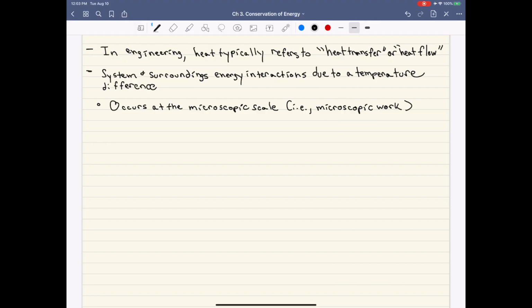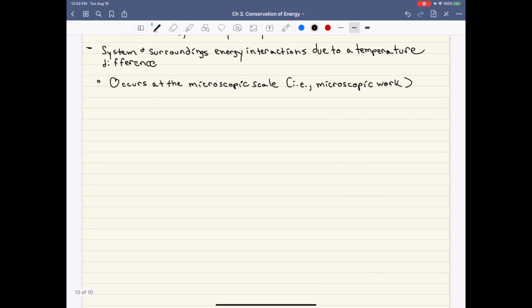And we'll go over the reasons for saying that in a bit. In any case, when we talk about heat in this course, the sign and the magnitude of Q are going to depend on what the system boundaries are.